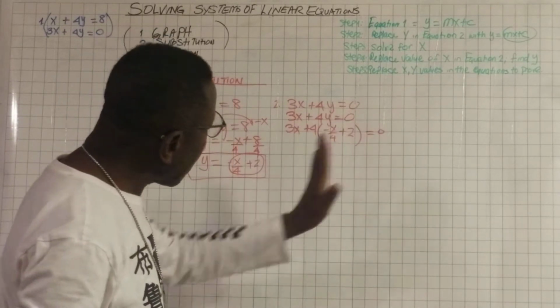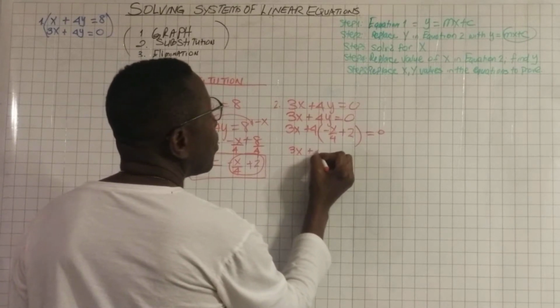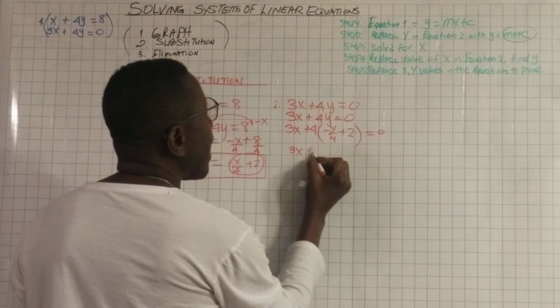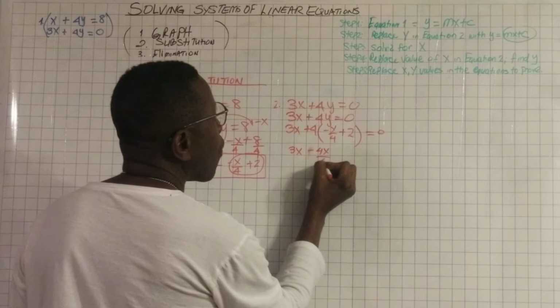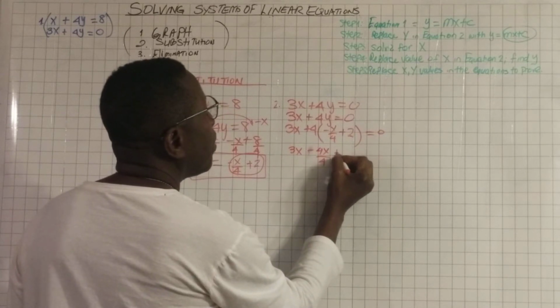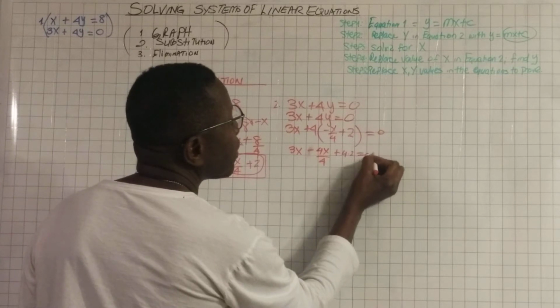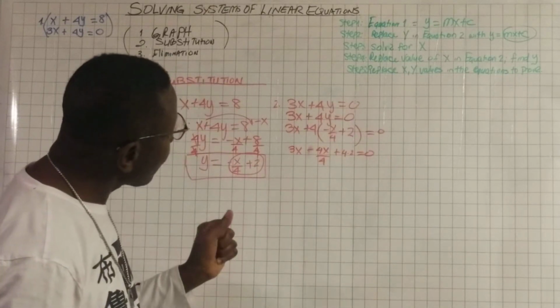Let's do our multiplications here. We're going to have 3x, and if we do our multiplication, we're going to have minus 4x over 4 plus 4 times 2 is equal to 0. So when we do our multiplication, this is what we get out of the parentheses. 4 times minus x over 4 is minus x.